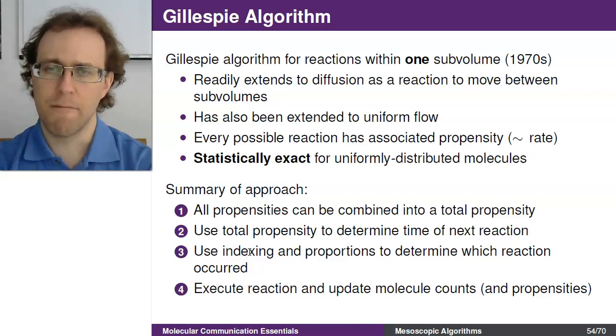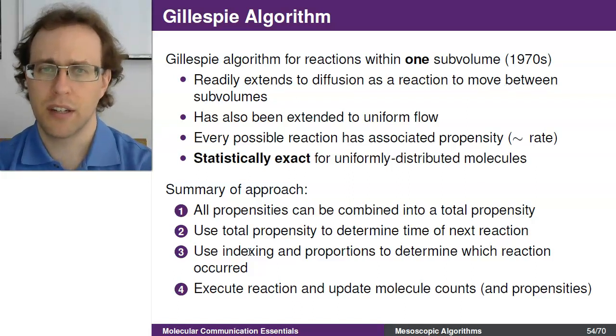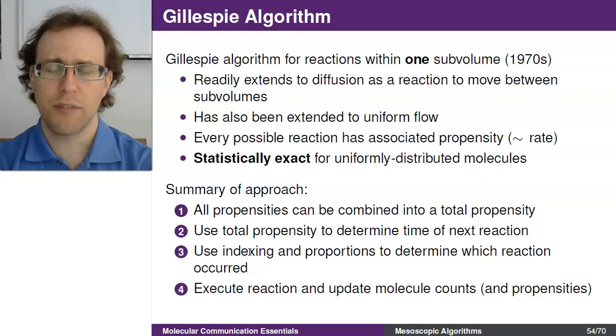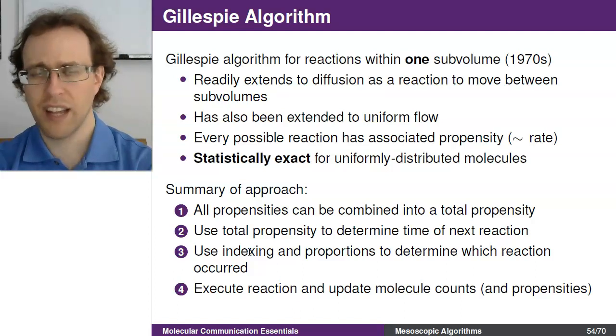The key detail in implementation is dealing with what are called reaction propensities. Every possible reaction, whether it's an actual chemical reaction or a transition between subvolumes, has an associated propensity, which is something like a rate.